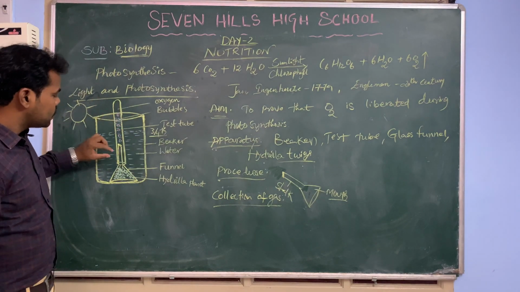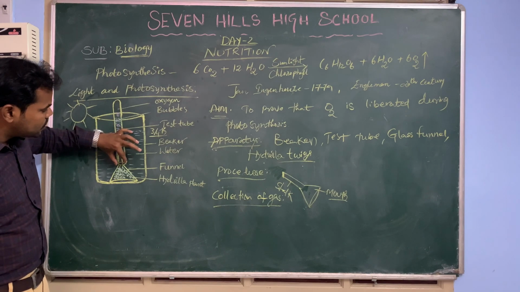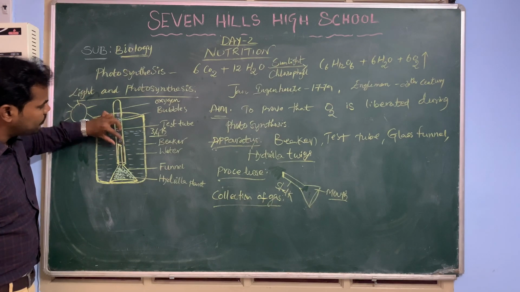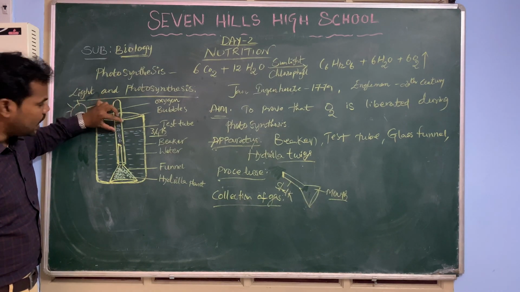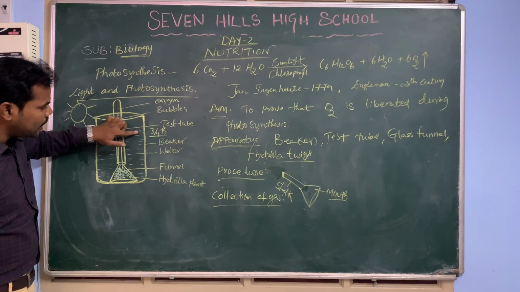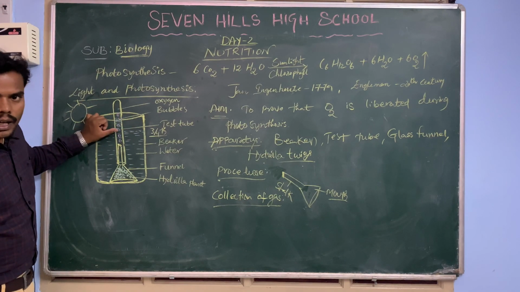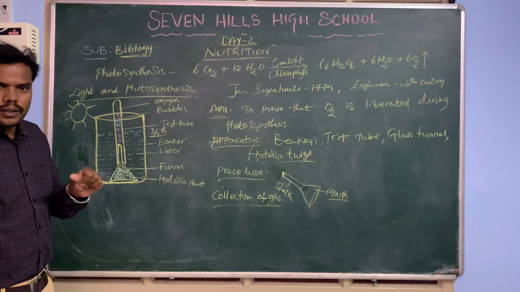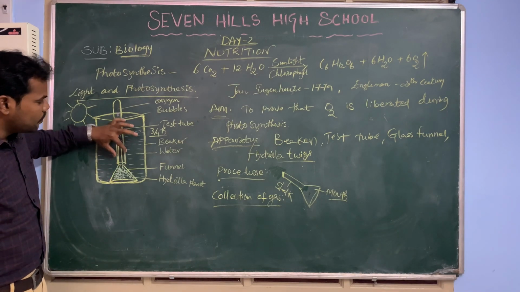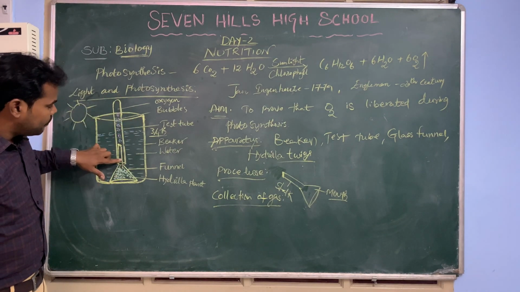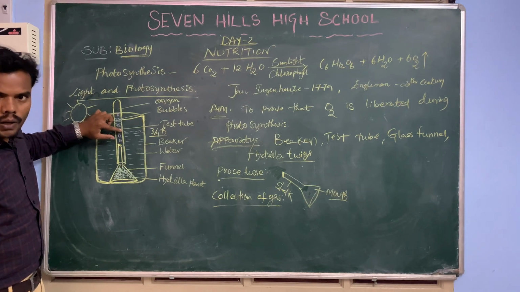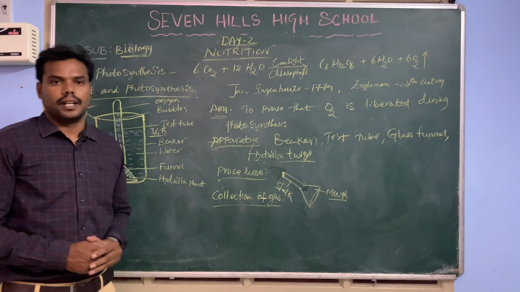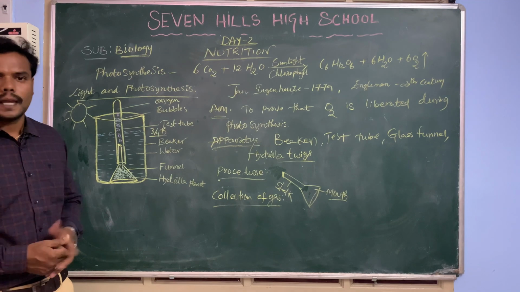After a few minutes, we slowly and carefully remove the test tube from the stalk of the funnel, and when we come to the end of the water, we close the mouth of the test tube with our thumb finger. This is the collection of gas.